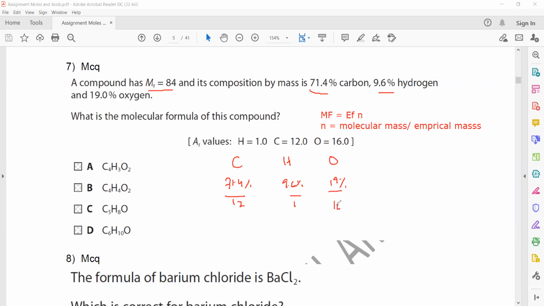So 71.4 divided by 12, that is equals to 5.95. This will be 9.6, and this will be 19 divided by 16, that's equal to 1.187. Then divide by the smallest value. So we'll divide by 1.187.